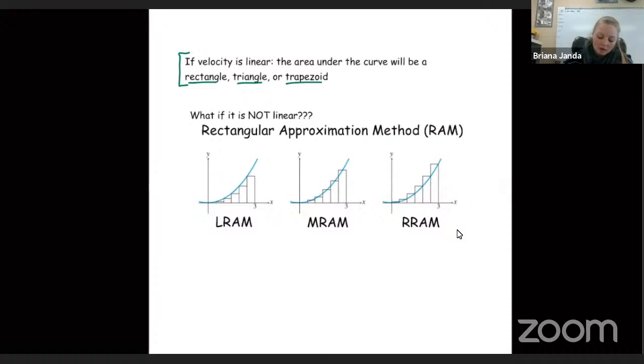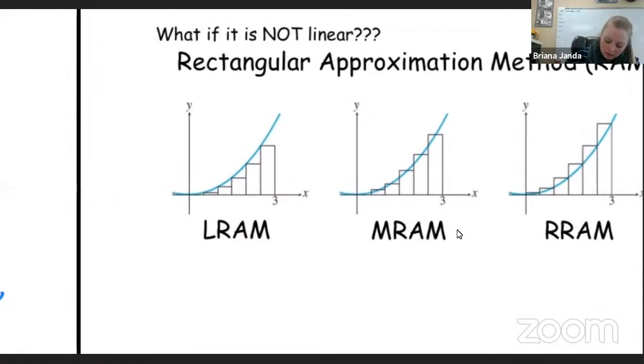They take whatever interval we were supposed to be looking at, and it looks like they went from 0 to 3 here, and they broke it into a bunch of different rectangles, and you see 3 different methods here: LRAM, MRAM, and RRAM. The L, the M, and the R refer to which part of the base. So if we zoom in on one of these little rectangles here, which part of the base we are using to then identify the height of our rectangle.